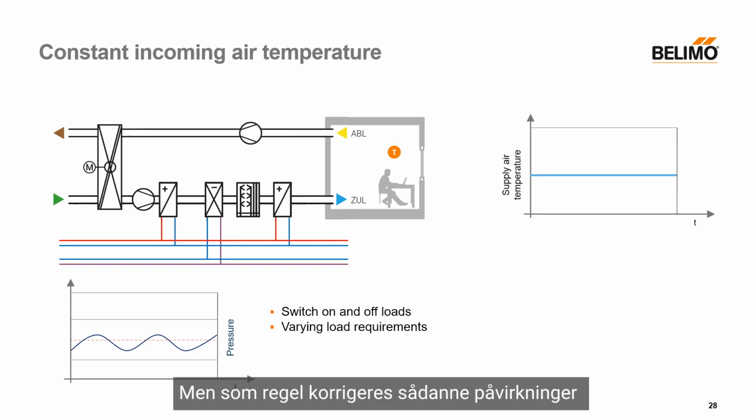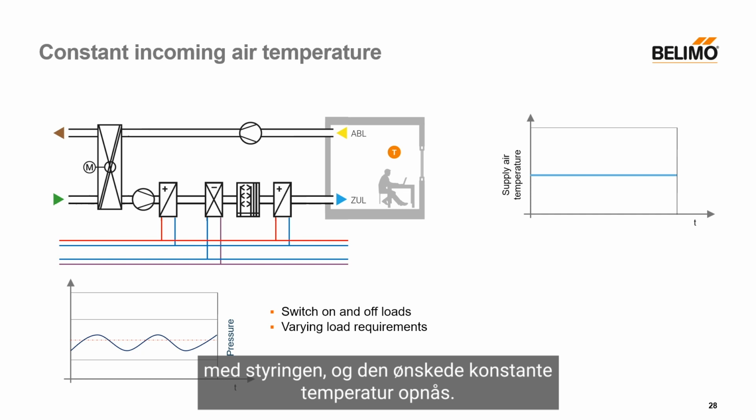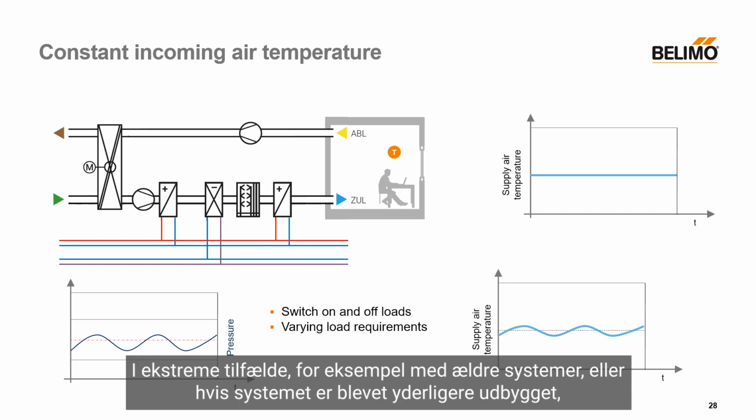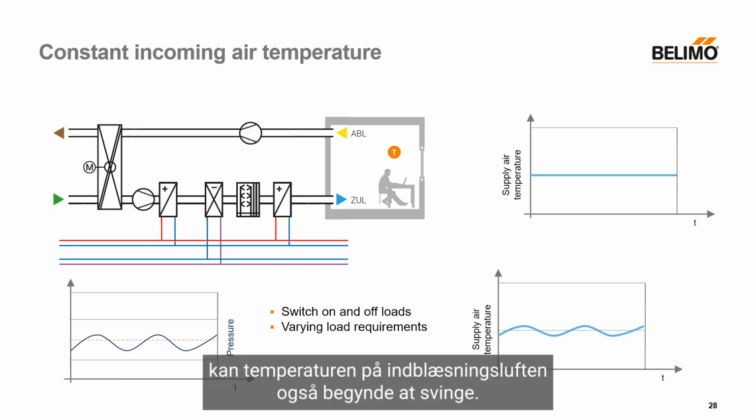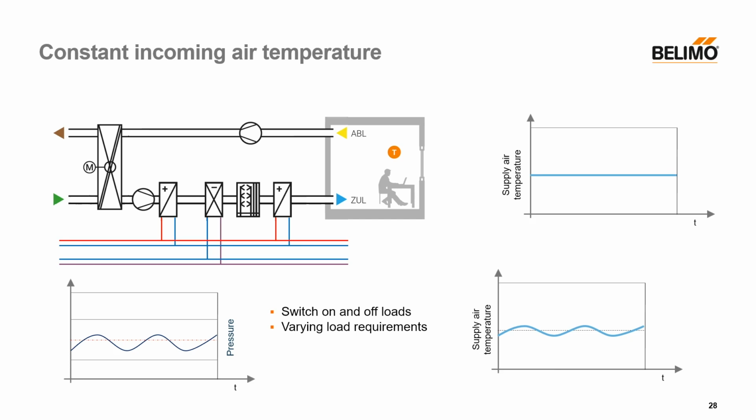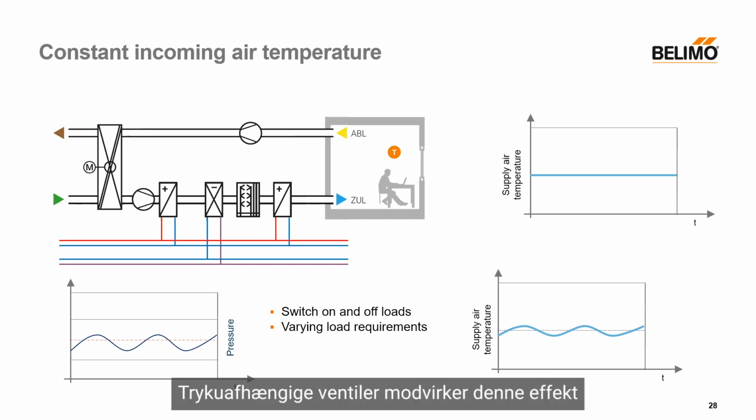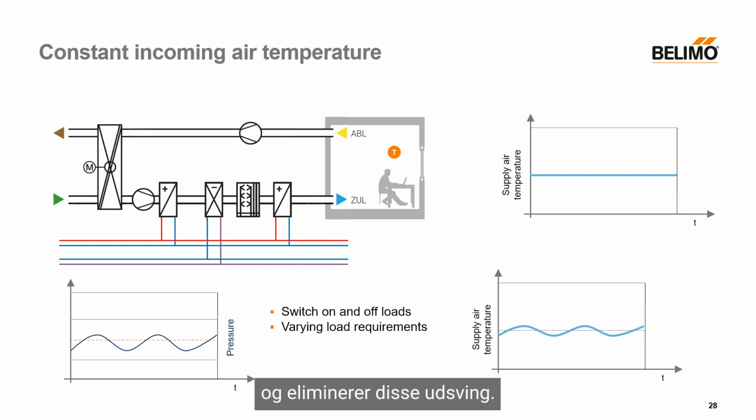As a rule, however, such influences are corrected with the control and the desired constant temperature is obtained. In extreme cases, for example with older systems or if the system has been further expanded, the temperature of the supply air may also begin to fluctuate. Pressure-independent valves counteract this effect and eliminate these fluctuations.